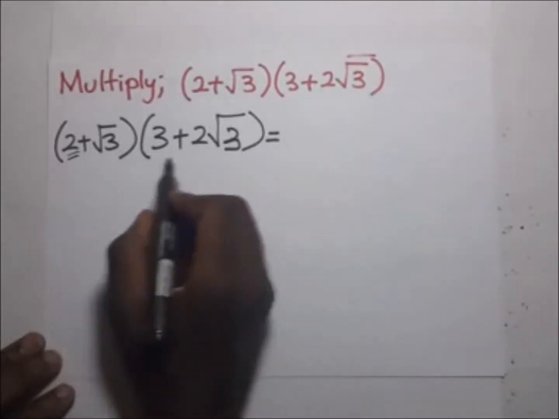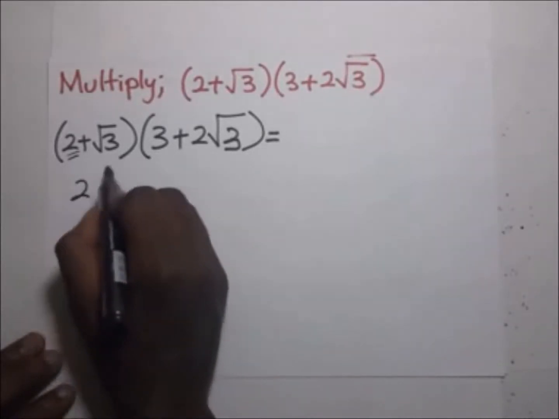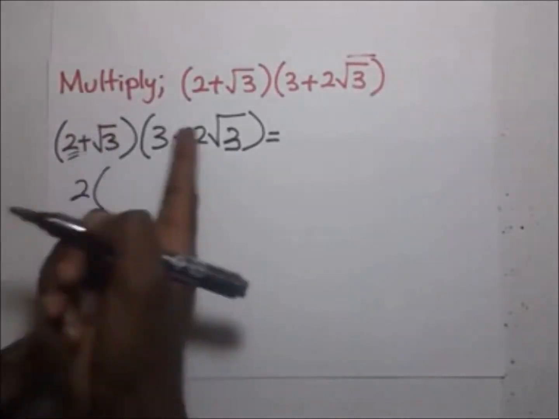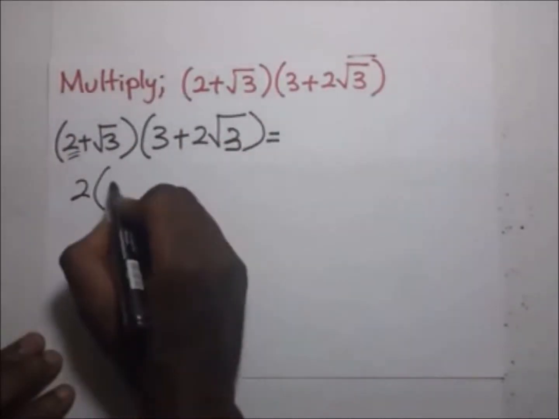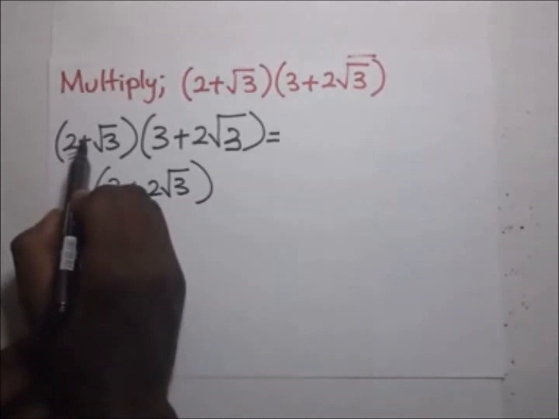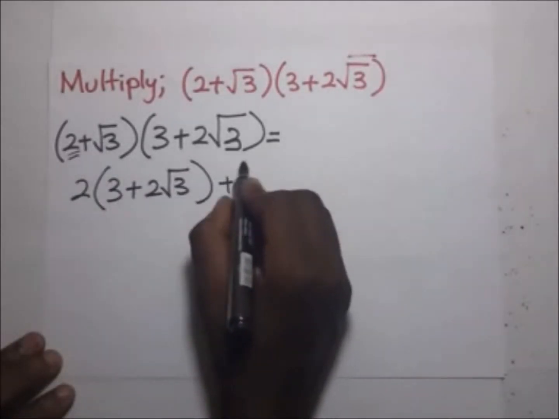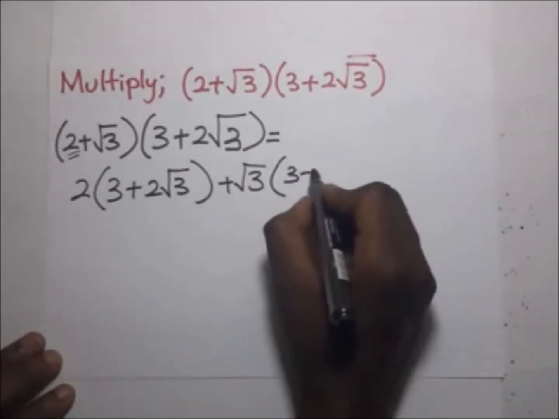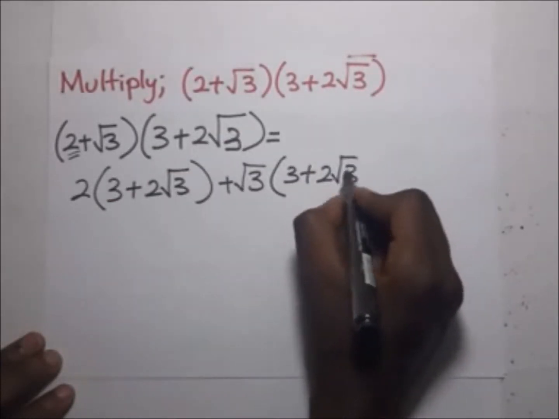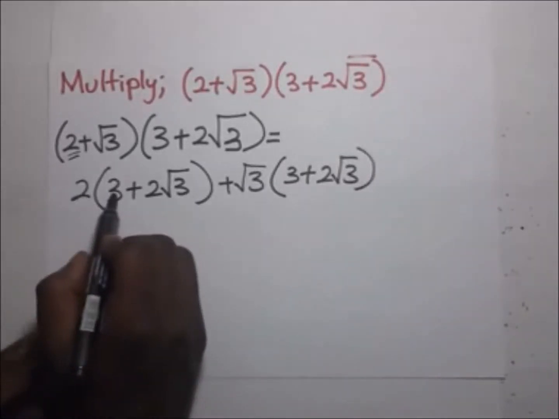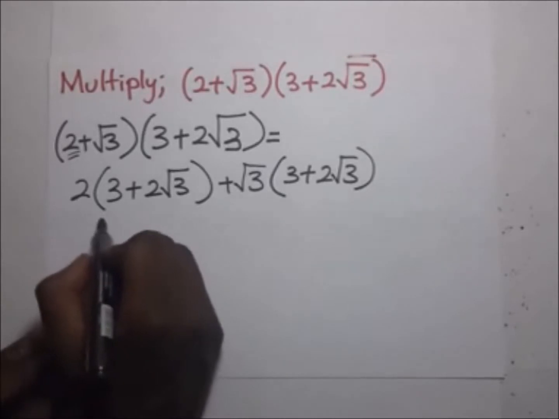So our next step is 2 times this whole bracket. We are opening brackets, so it's 2 times 3, plus 2 times 2√3, then plus √3 into that whole bracket, which is 3 plus 2√3. So we open brackets here. 2 times 3 is 6.